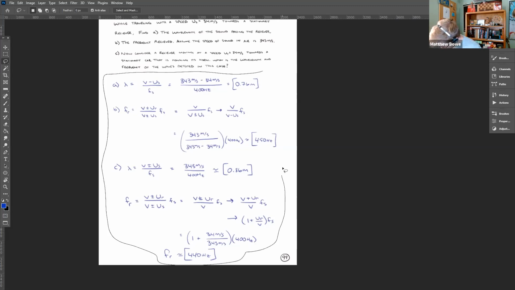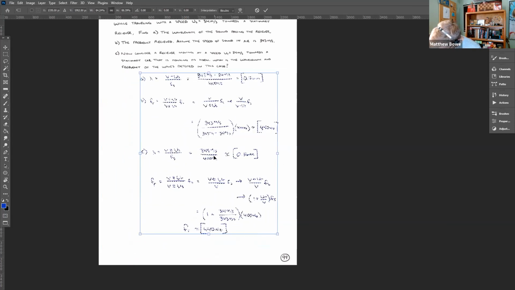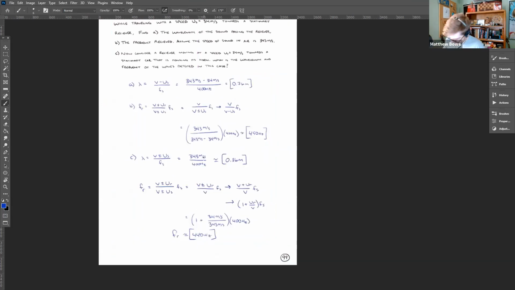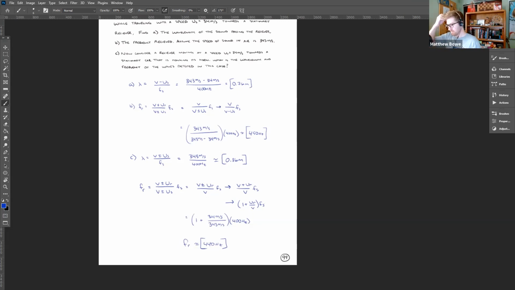Now, let me do a little bit of cleaning up. I have a little simulation example that is pretty much all I needed to explain the Doppler effect.